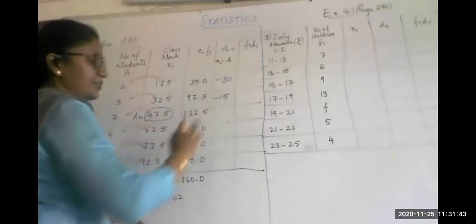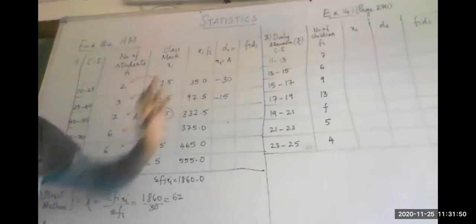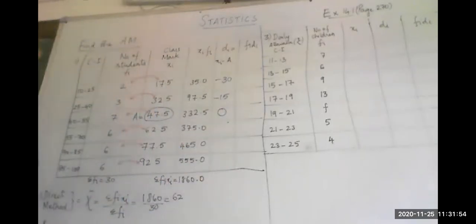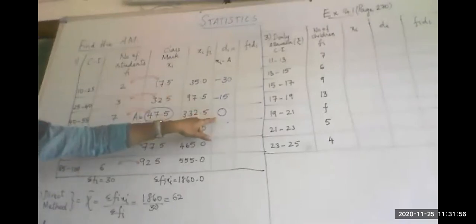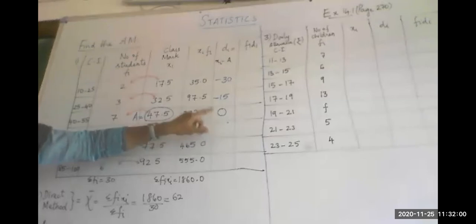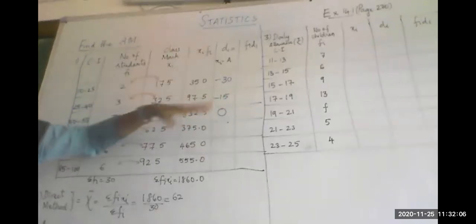So what will be the difference here? Zero. So always remember the di value for the corresponding assumed mean will be 0. That means the assumed mean is dividing the entire distribution into two parts, one part above and one part below.